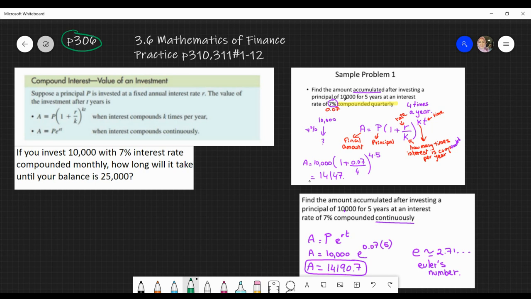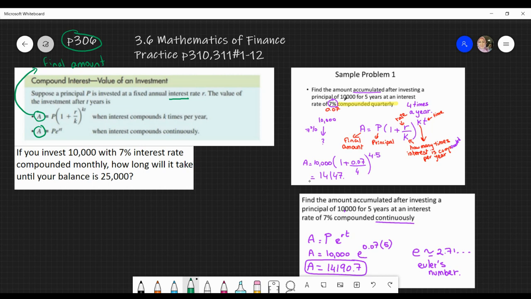So the math of finance would tell you, if you put your money in a bank and you save that money and the bank offers interest for your money to grow, how could you find how much your money will be, which is A, and A would be the final amount. You'll be interested to know how much you will have in 2 years, in 3 years, in 10 years.